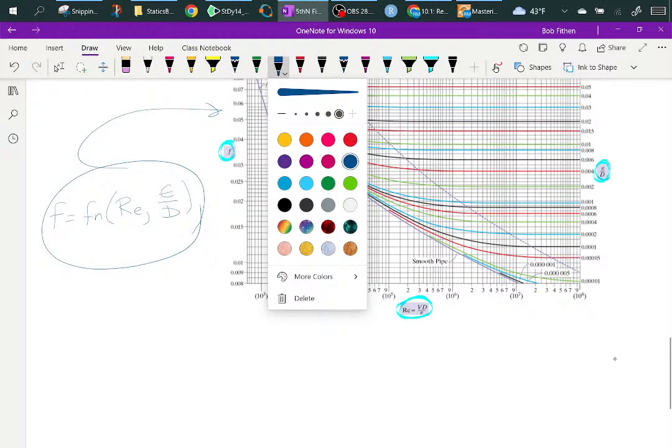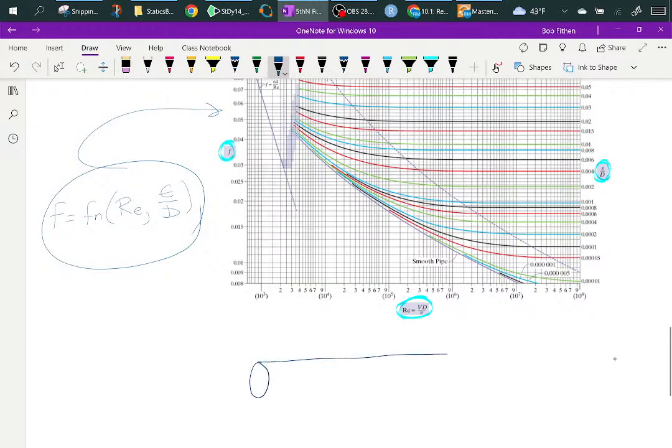So let's say we had a piece of pipe that was, say, 1 foot long, or let's make it more interesting, 100 foot long. Let's say its diameter is 0.1 feet. And then I'll say the velocity flying through there is, say, 25 feet per second.